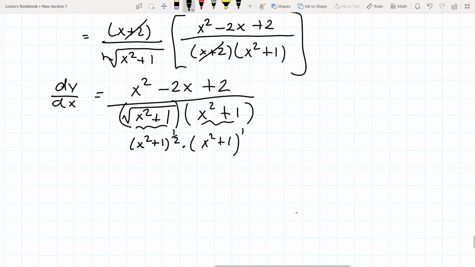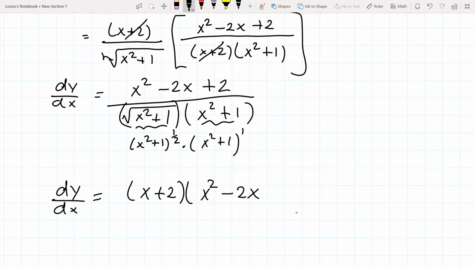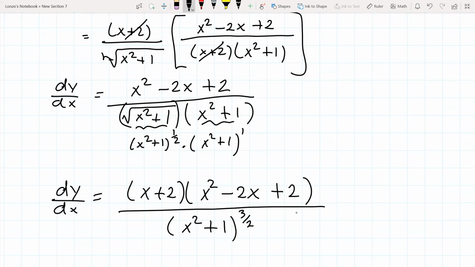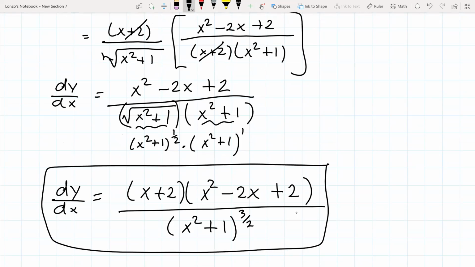So your final answer is going to be dy over dx equals x squared minus 2x plus 2 all over x squared plus 1 to the power of 3/2. Final answer.